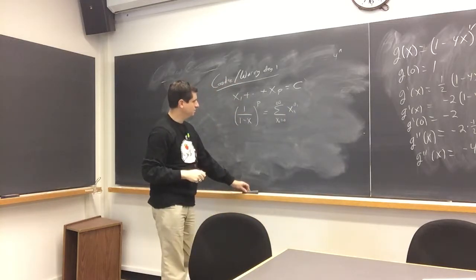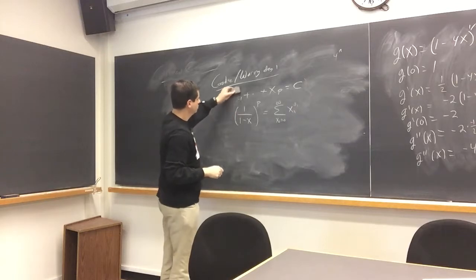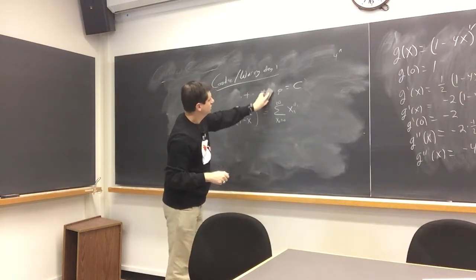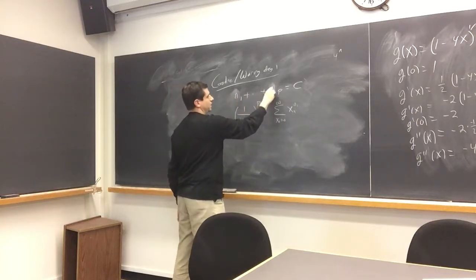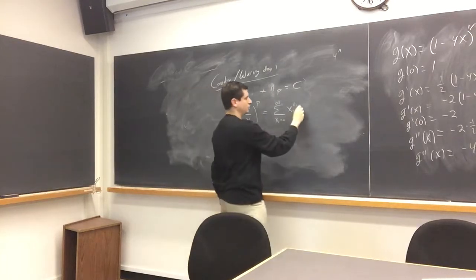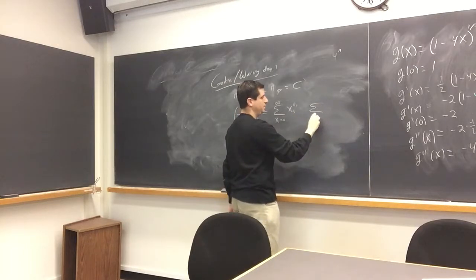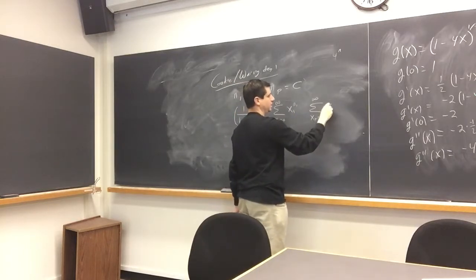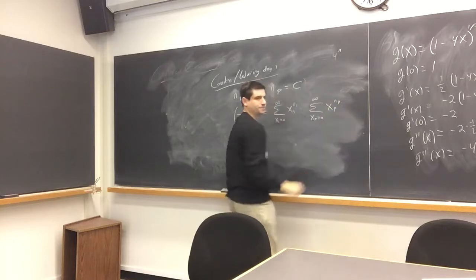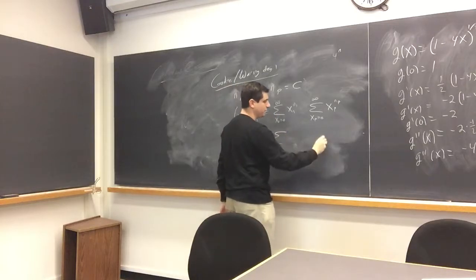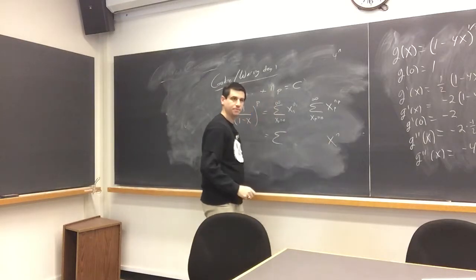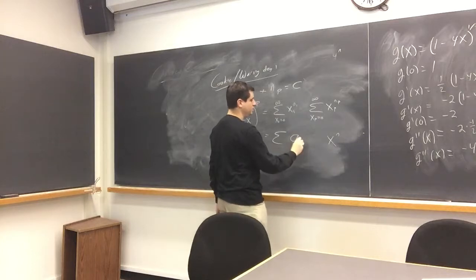I think we keep using x as the variable, because that's different than these. And when I collect terms, it's got to be of the form something times x to the n. And what it's going to be is the number of ways of writing n as a sum of exactly p factors.